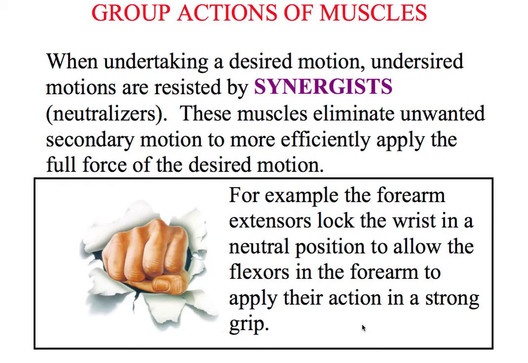So what's happening there is the muscles on the back of your forearm are locking your wrist into a straight position. Those muscles on the back of your forearm are playing the role of synergist, and what they are doing is allowing the flexors on the front of the forearm to apply their force efficiently.